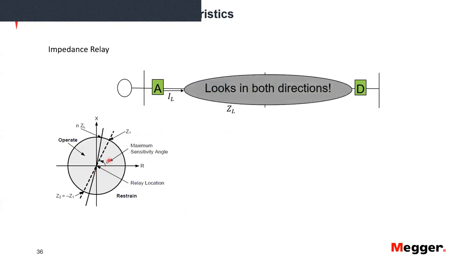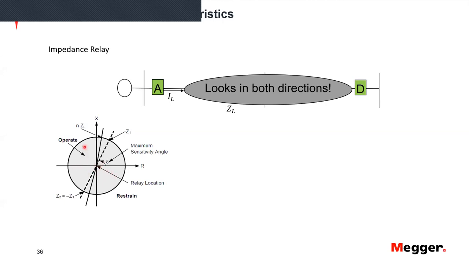If you look at the characteristic, there is nothing in this relay preventing it from operating for measurements where the resistance or the reactance are negative. You can have negative resistance. Remember that the positive or negative here depends on what? The direction of the current, right?